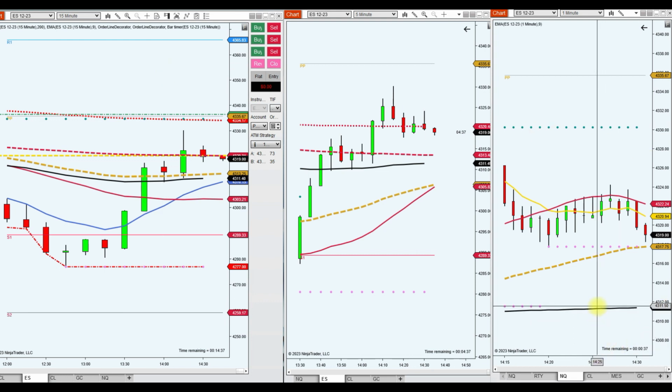Just looking at what these charts are doing right now, the 1 minute looks like it's approaching the 5-minute goal line on the 1 minute time frame. Now, on the 5-minute chart, what I have here is a 200 simple moving average.